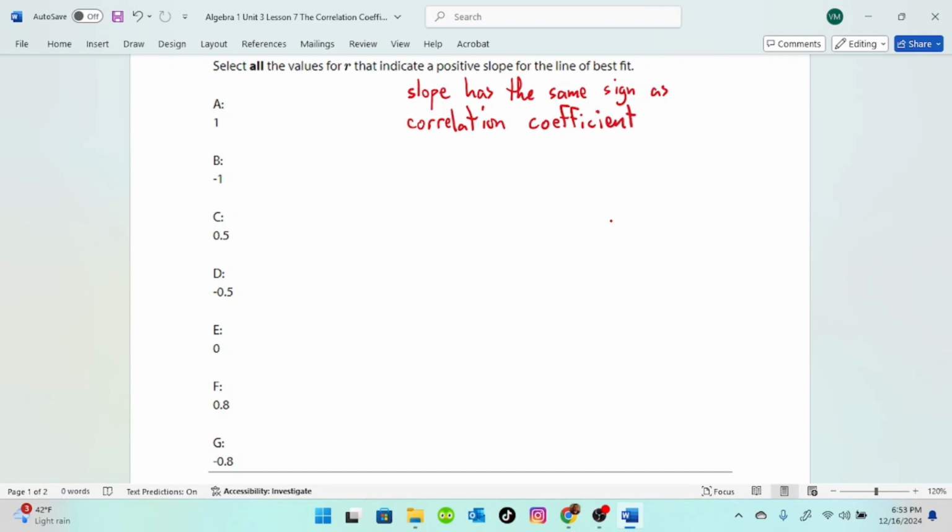So if we want a positive slope, that means we need a positive correlation coefficient.